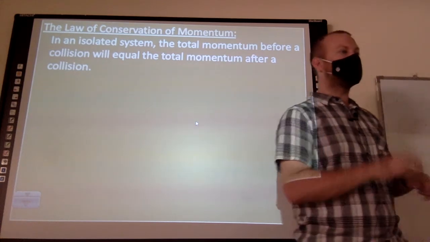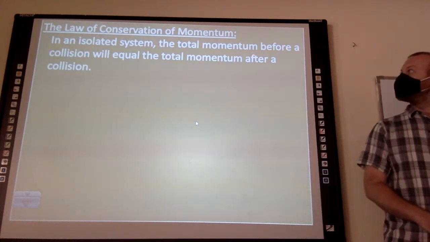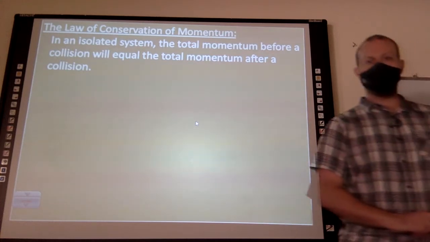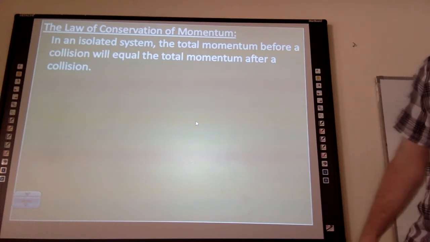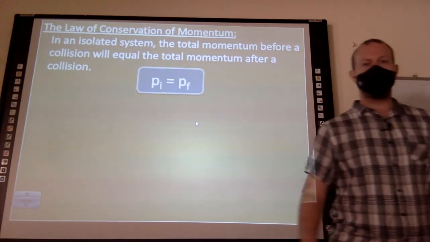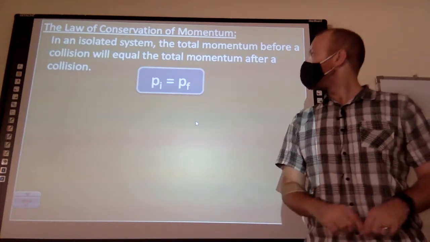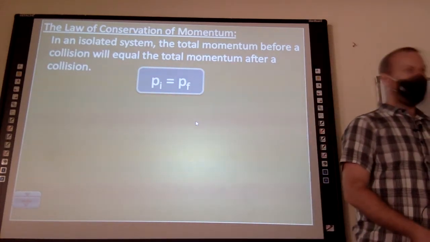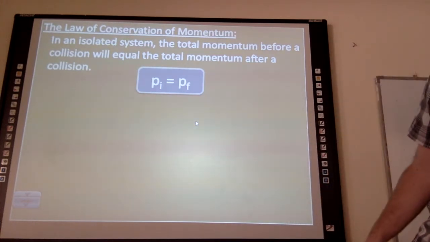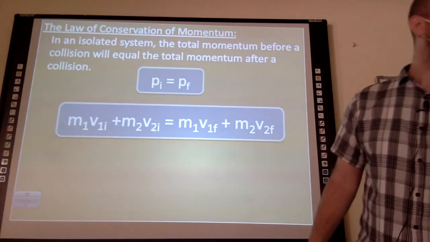So in an isolated system, we're always going to be dealing with isolated system. Total momentum before is going to equal total momentum final. Here we go. And assuming we have two objects, this is going to be our overall equation.